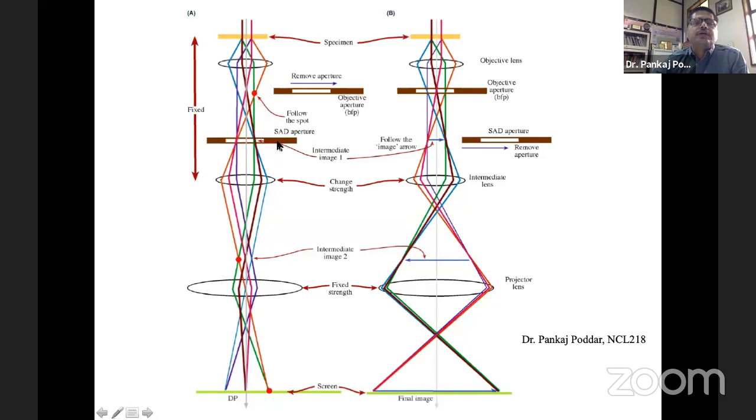Now, this aperture will decide the size of the selected area. It is allowing all the beams, diffracted as well as the direct beam, to go through the following lenses. This is another lens, the intermediate lens. You can change its strength, and then you can change the focal length. And this is fixed strength because it's a projector lens.